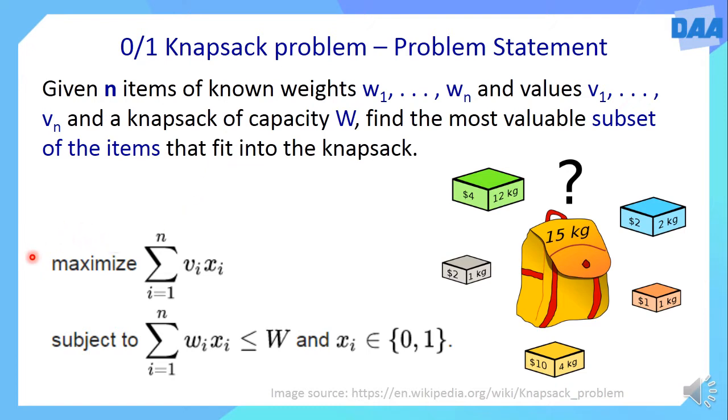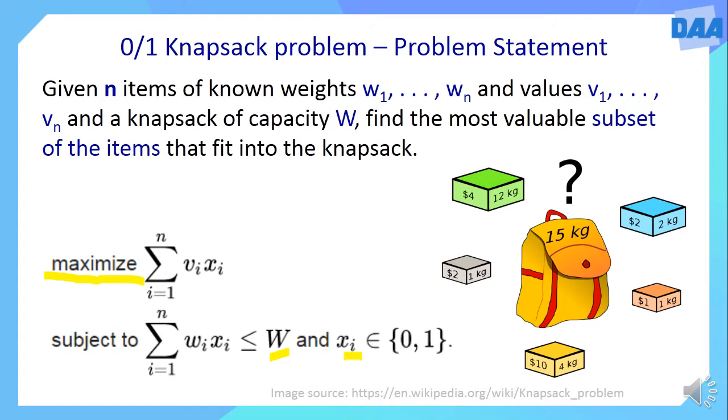So mathematically the problem statement can be written as: maximize the summation of i equal to 1 to n of Vi into Xi, subject to the constraint that the summation of Wi into Xi should be less than or equal to the capacity of the knapsack, that is W. Here Xi is either 0 or 1. 0 means the item is not included in the knapsack. 1 means the item is included in the knapsack.